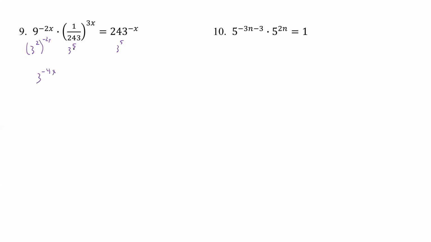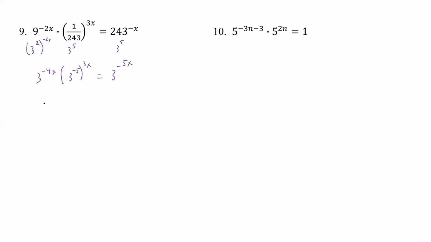Now this is 3 to the 5th, but it's on the denominator, so if I take it to the top, it's going to be 3 to the negative 5 to the 3x. And here, 3 to the 5th times that, so it's going to be 3 to the negative 5x. Okay.